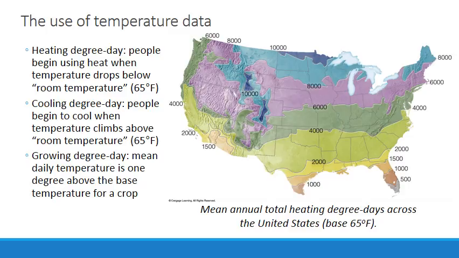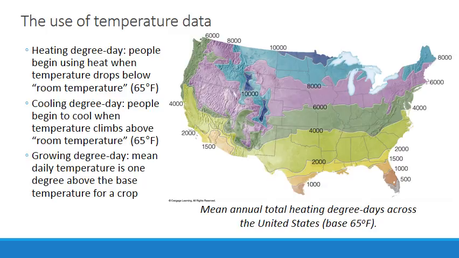Simply, each degree of temperature below 65 degrees is counted as 1 heating degree day. So heating degree days are determined each day by subtracting the daily mean below 65 from 65.